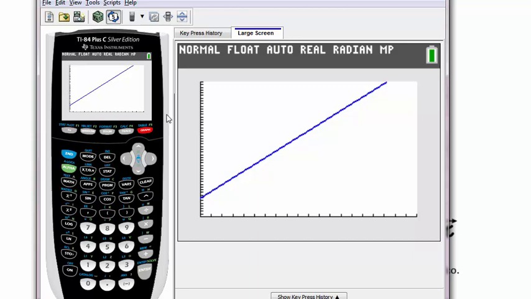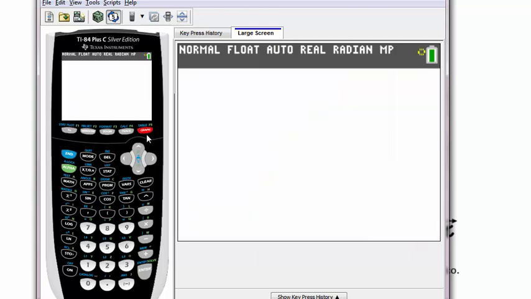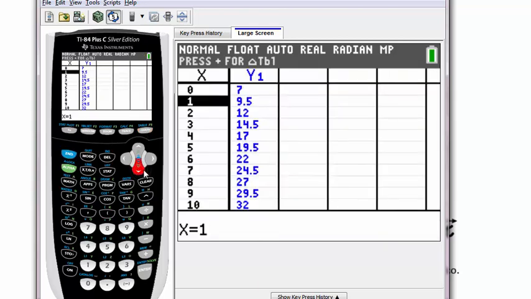Then we'll regraph. Our graph here looks a little bit more like the one that we had seen when we drew it by hand. Now, how do we tell where 30 is? It's going to be kind of a pain to figure out where 30 is all the way up here, so there's two ways to do this. We can look in the table. So table is highlighted in blue, so hit second first, then go to the graph menu. It'll bring up the table instead. And I can scroll down through my table.